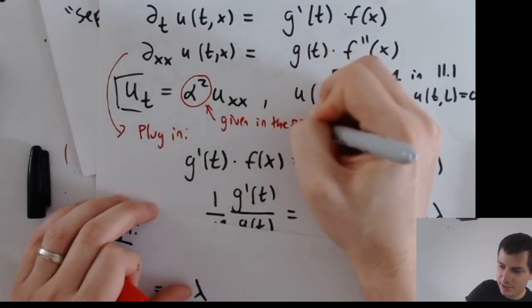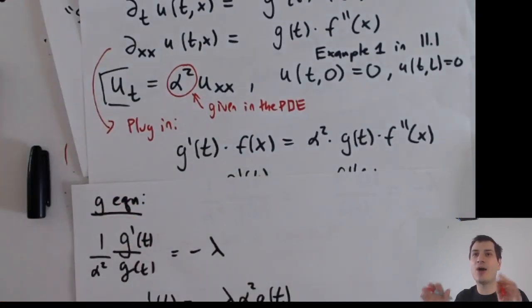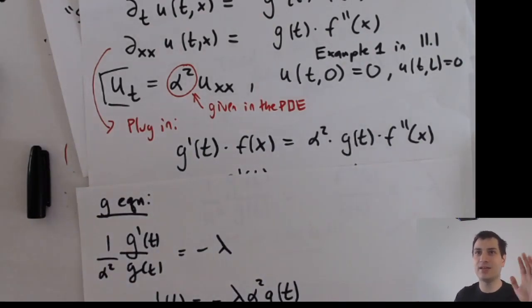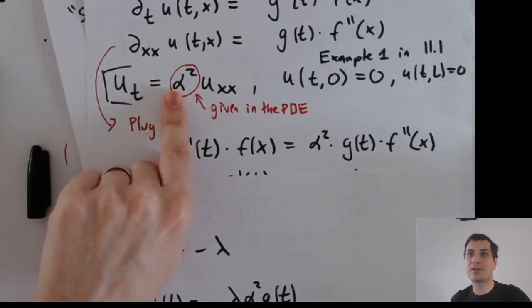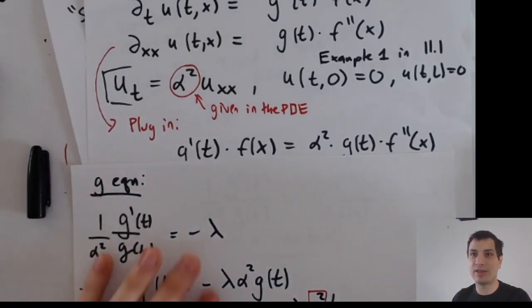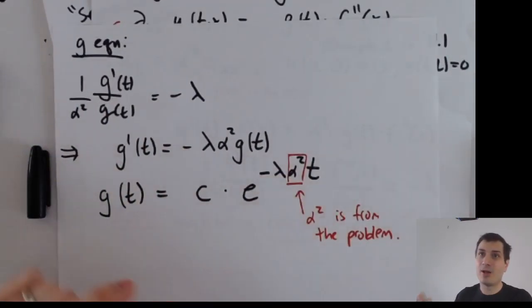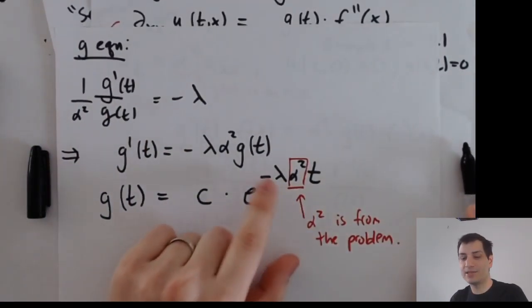And alpha squared in the context of the heat equation is just how thermally conductive the thing is. The textbook even has a table like copper, alpha squared is 7, steel, alpha squared is 8, or whatever it is. So this is some number that depends on the physical properties of the system. It's some physical thing. That's alpha squared. What the heck is lambda? Lambda is a slippery thing.